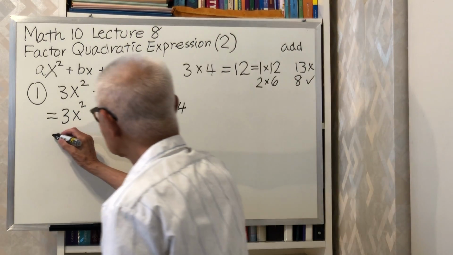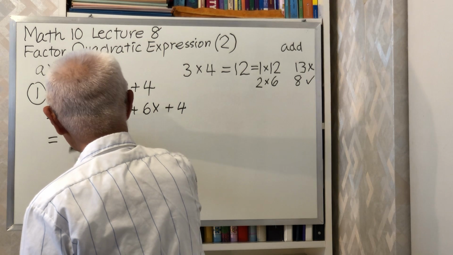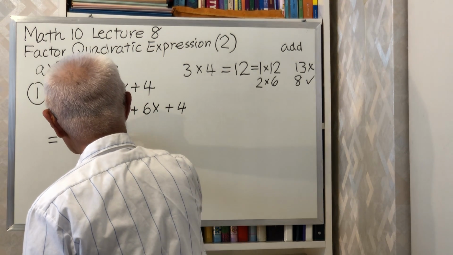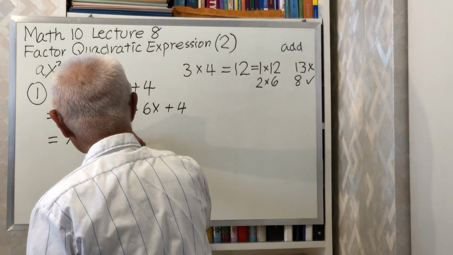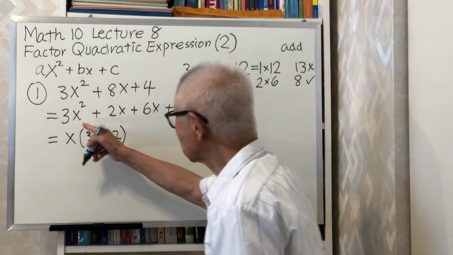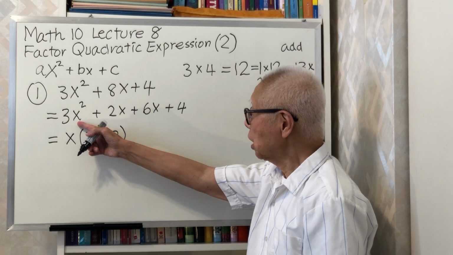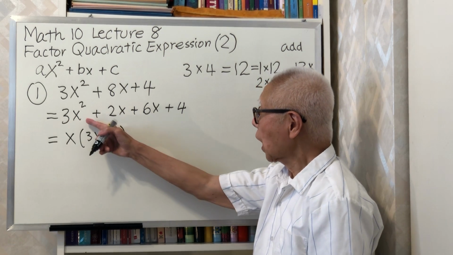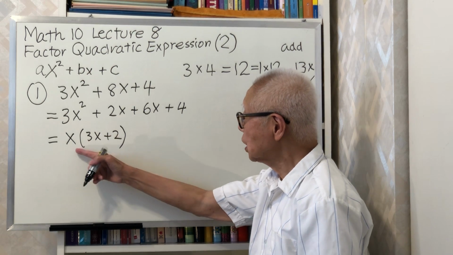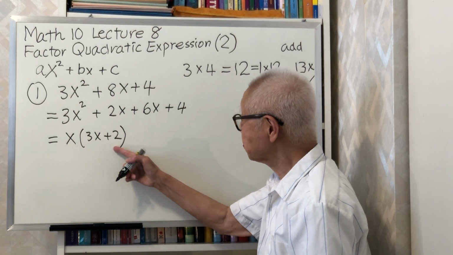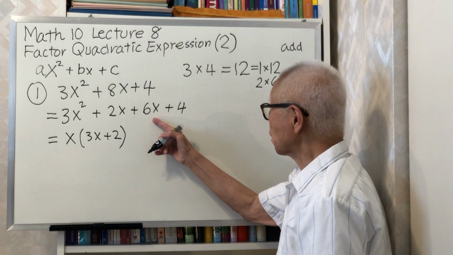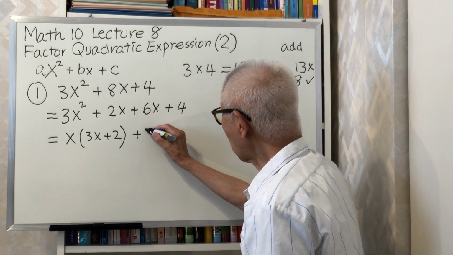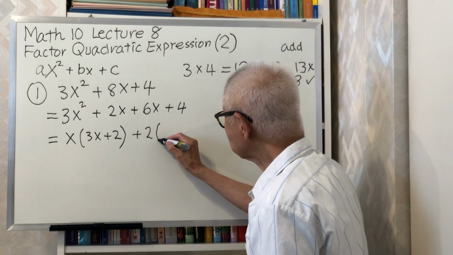Now, for the first 2 terms, I factor out an x. For the third and fourth term, I factor out a 2.